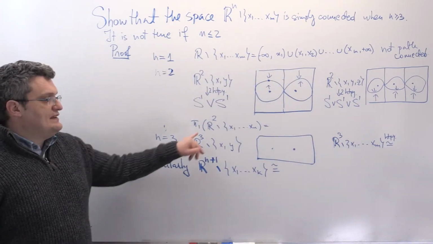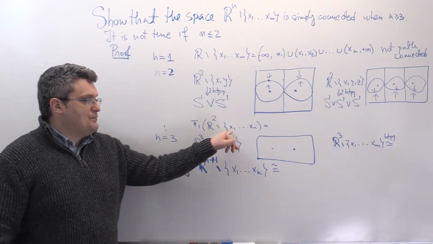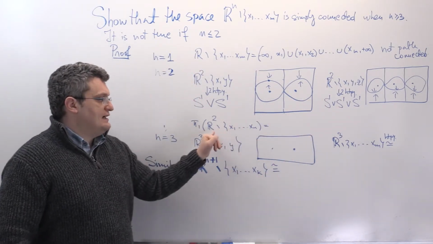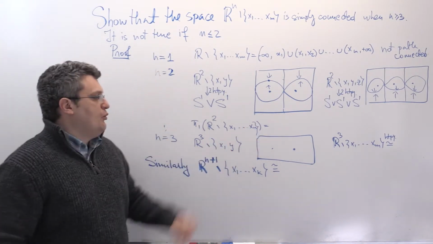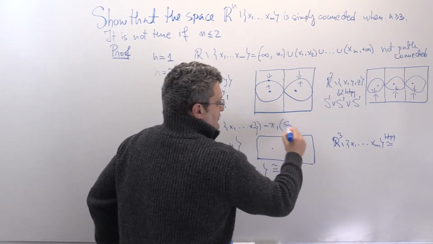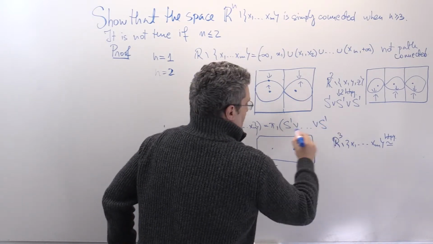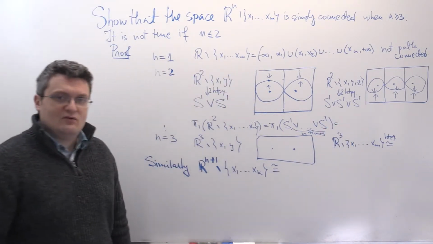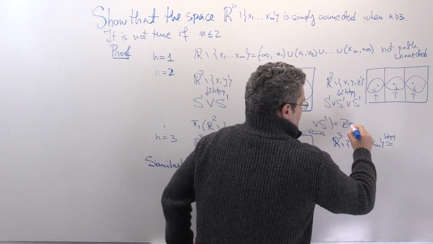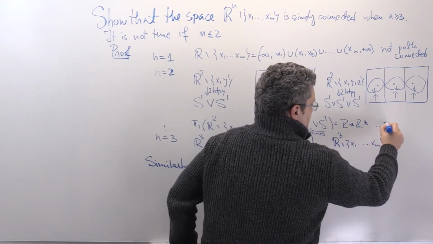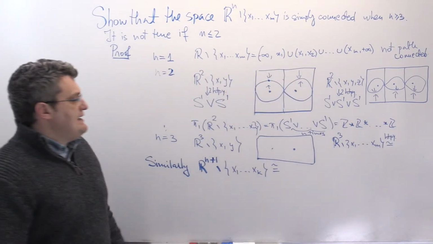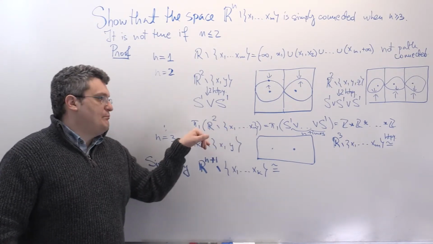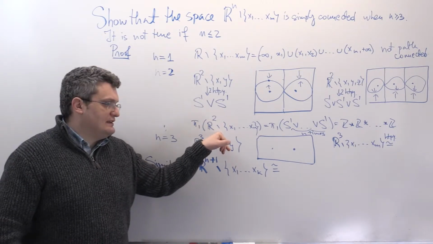So this means that if we take m points out of R2, we actually have to compute pi1 of S1 wedge S1, m times, and this in conclusion will give us the free group Z star Z star Z. So the space R2 minus m points is path connected, but the pi1 of this space is not 0.